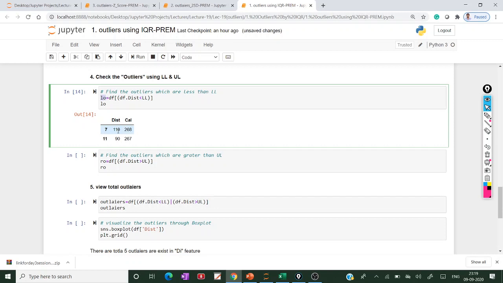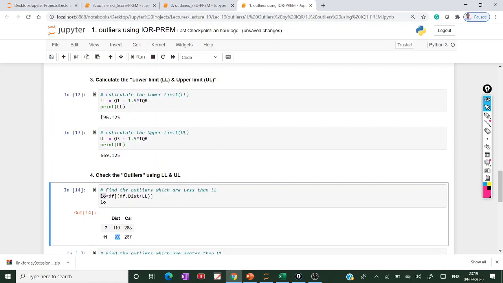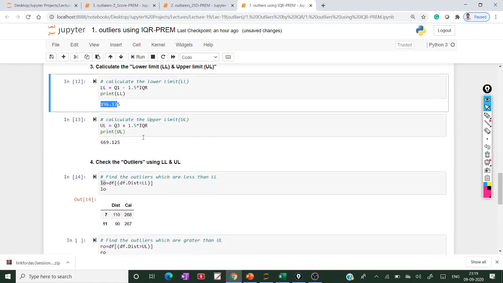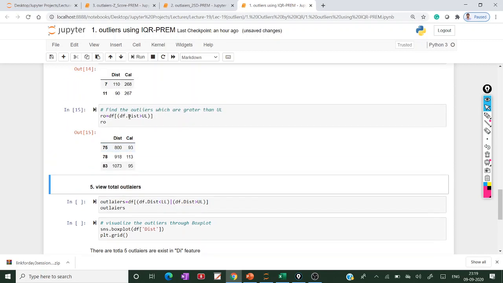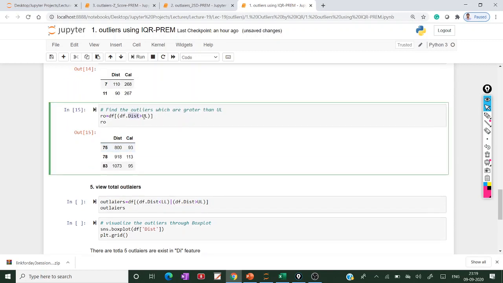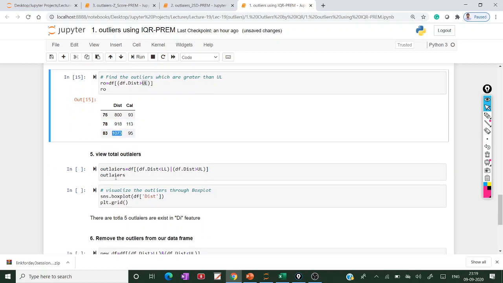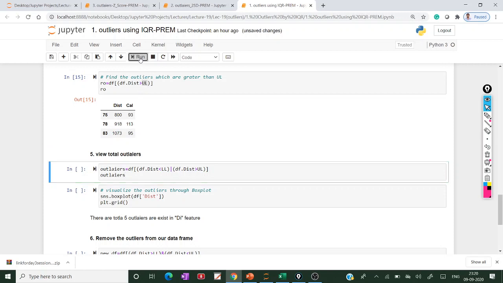These are the values: 190 and another, these two values are less than the lower limit 196.125. And these are the values greater than the upper limit: 800, 901, 918 and 1073. If you combine these two conditions using the OR operation, these are the outliers.